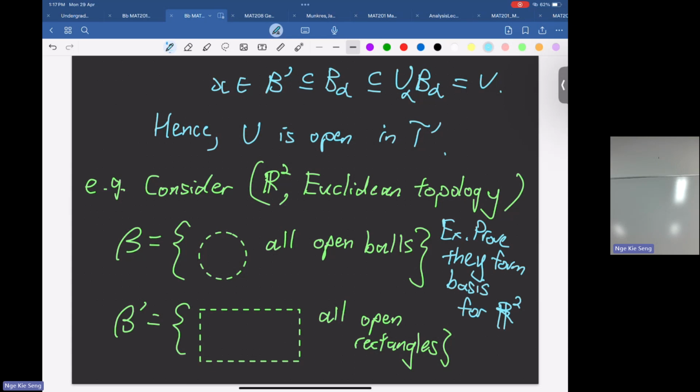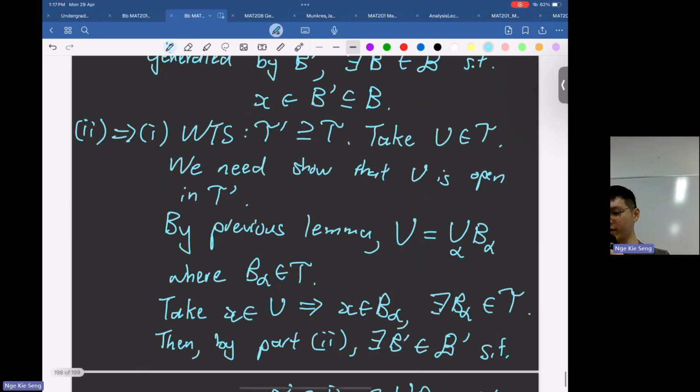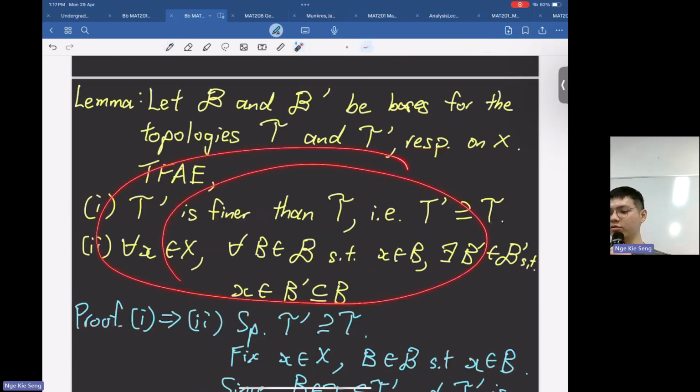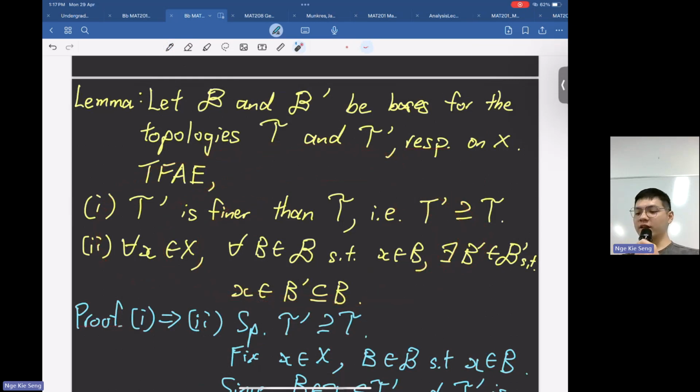Then you check that this gives you back the Euclidean topology. Show that the T generated by B prime and B is really equal to the Euclidean topology you have. Using this two equivalent statement here, we can prove that T prime is finer than T and T is finer than T prime. Then they are equal.